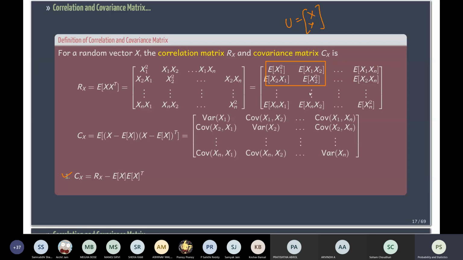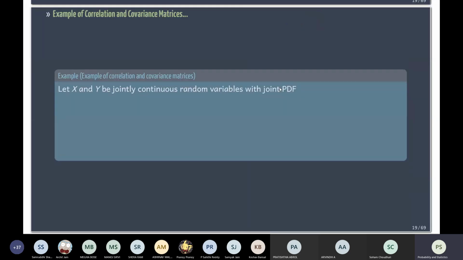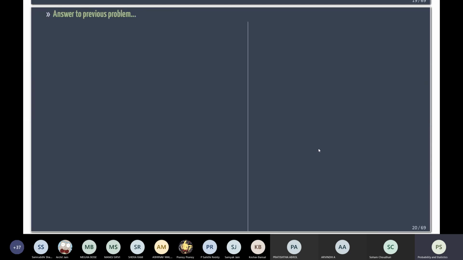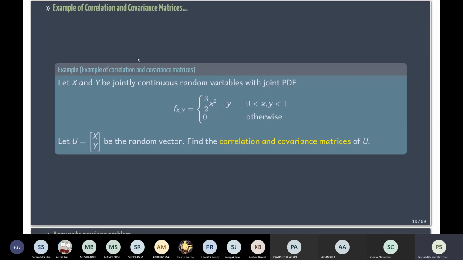So let us do this example very quickly. Find correlation and covariance matrices of U. The first thing is I need the marginals, because I need to compute the expectation.